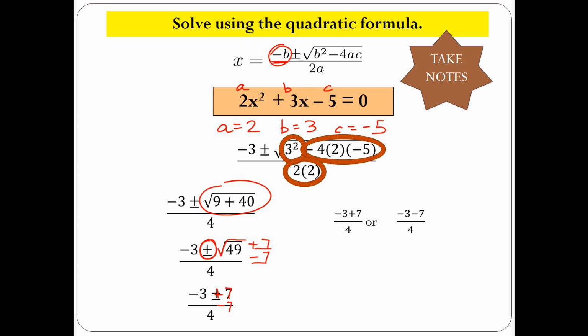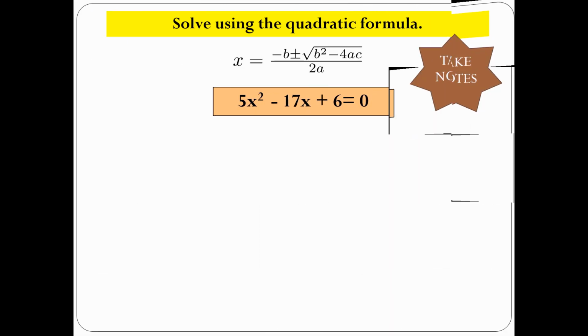When evaluating this, this would be 4 divided by 4, which is 1. That's one of our solutions. This would be negative 10 divided by 4, which when simplified could either be negative 5/2 or a negative 2.5. So there are our 2 solutions, the 2 places it would cross the x-axis if we were to graph it.